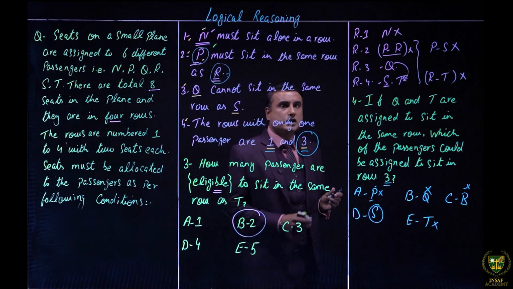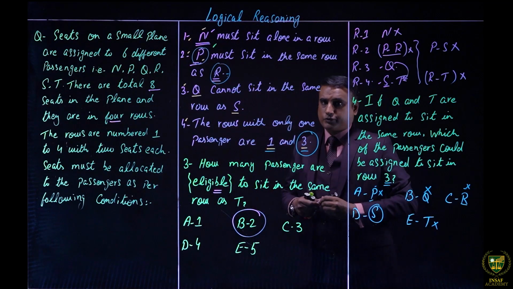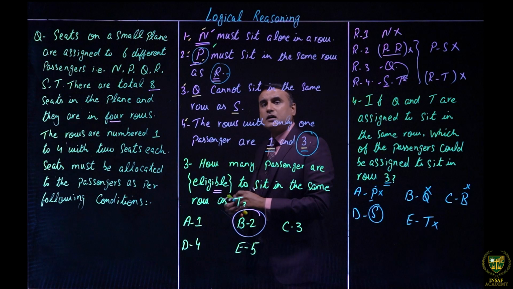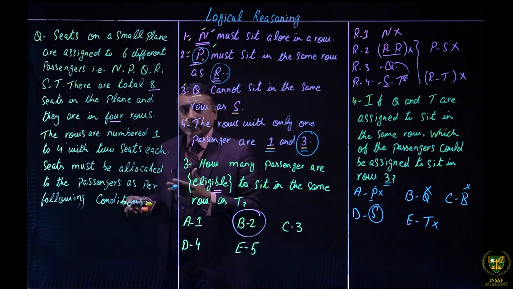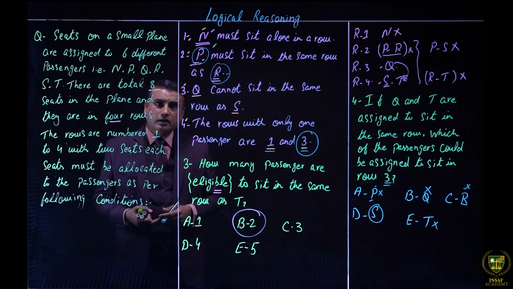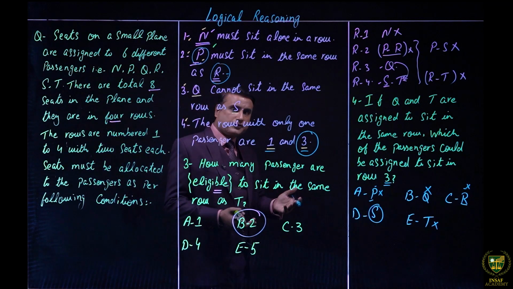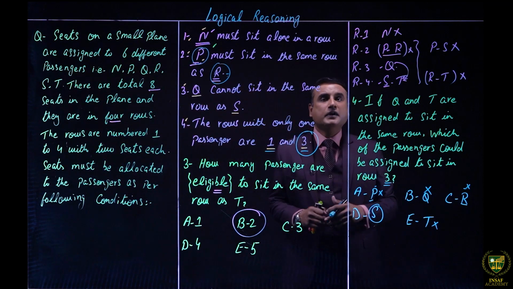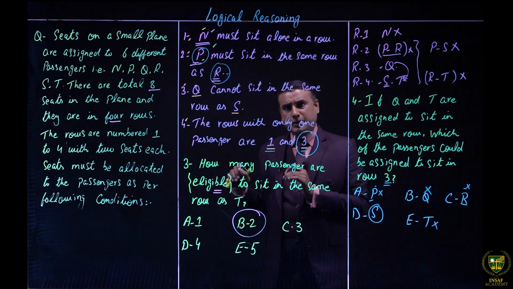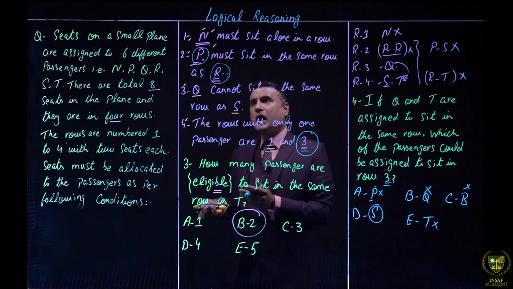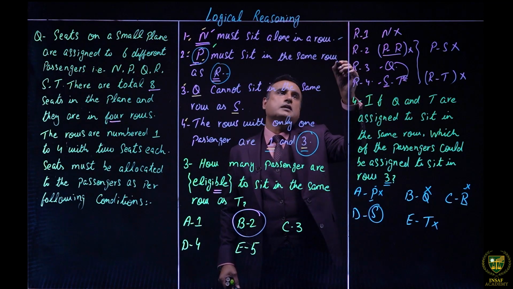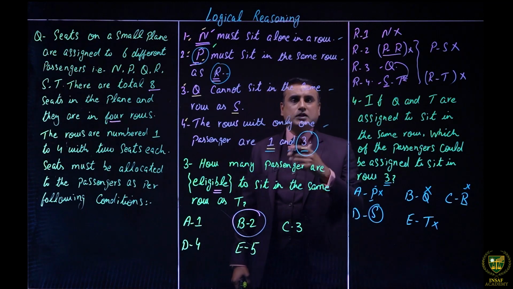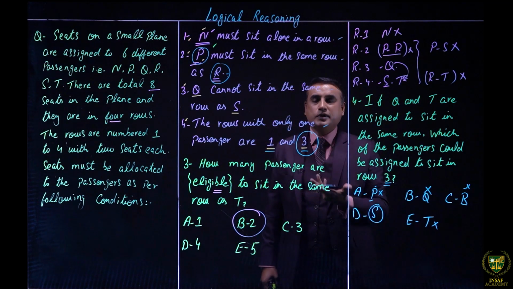That is why they are not eligible to sit in row 3. So you have seen that the question which looked initially a very difficult sort of a question can be solved very easily using a bit of presence of mind and simply following the 3 or 4 instructions we have.